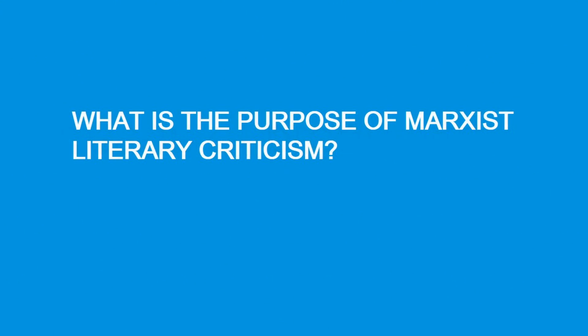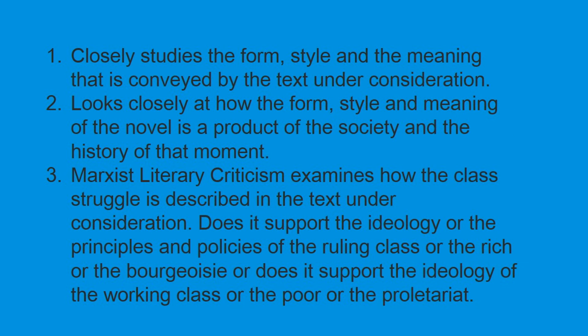So what is the purpose of Marxist literary criticism? What does it do? Marxist literary criticism closely studies the form, the style, and the meaning that is conveyed by the text under consideration. It could be a novel, it could be a drama, it could be a poem. It actually looks closely at how the form, the style, and the meaning of the novel or the drama or the poem is a product of the society and the history of that particular moment.